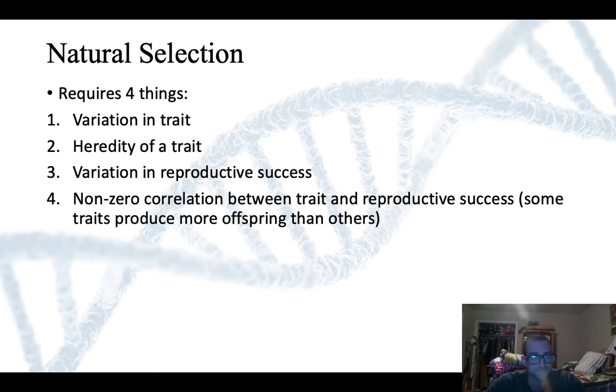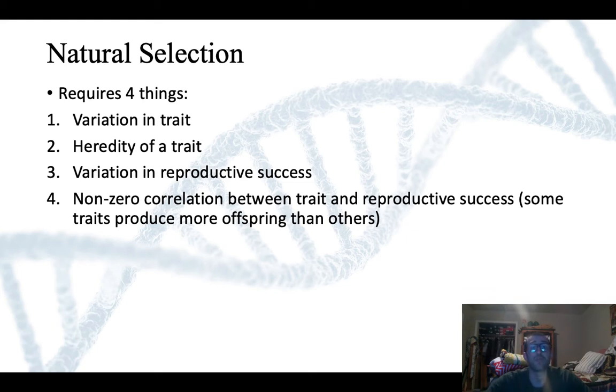That's variation. Second, you need heredity of that trait. So, that trait needs to be able to be passed down to offspring, which occurs, as we've seen, through those genes that code for different flower color, right? That's heredity of a trait.